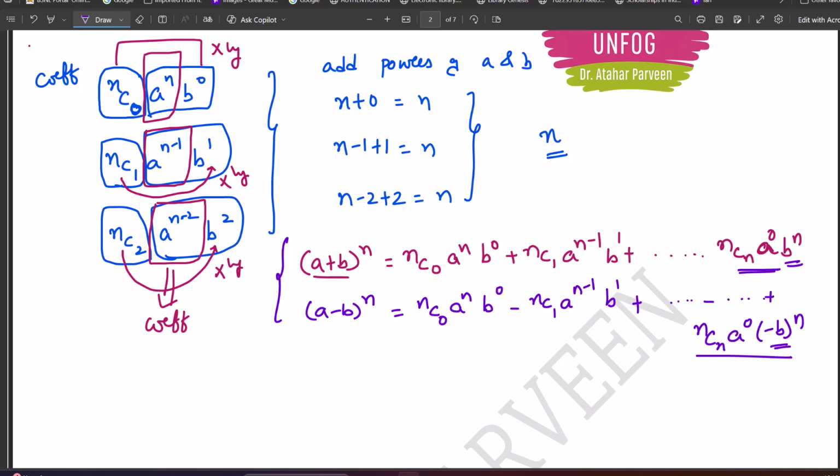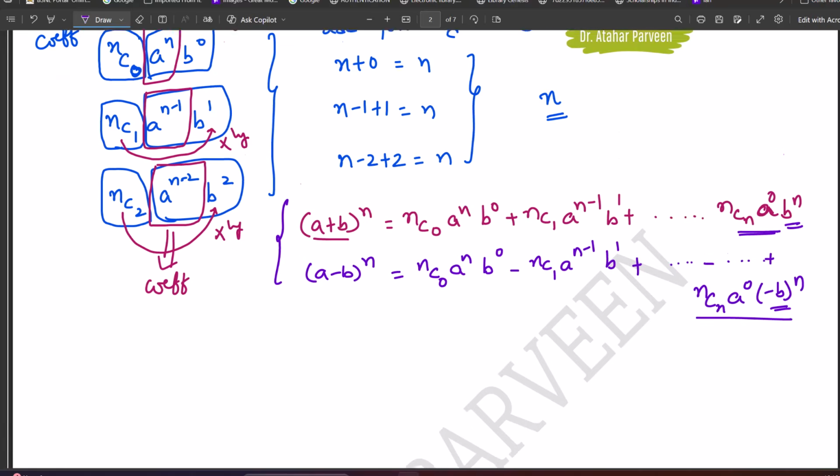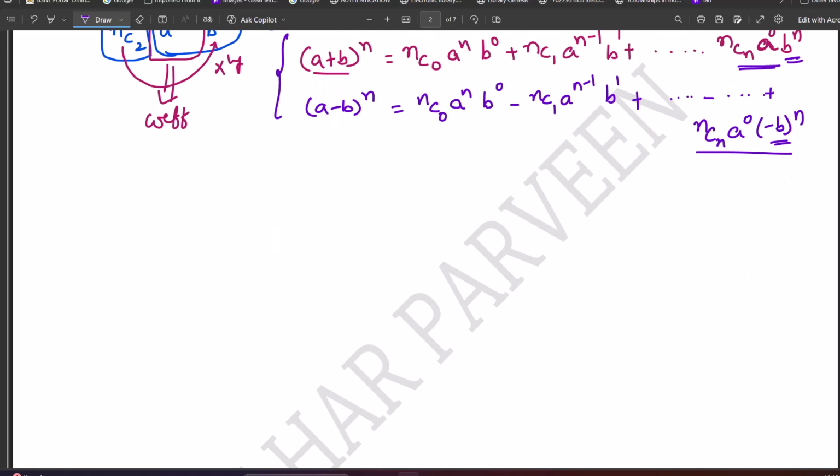Okay, this much is clear now, right? Now, I have A plus B to the power N. I can put A is equal to 1 and B is equal to X, right? If I put A is equal to 1 and B is equal to X, what will my expression become here?